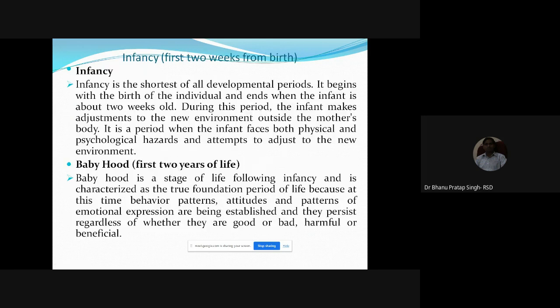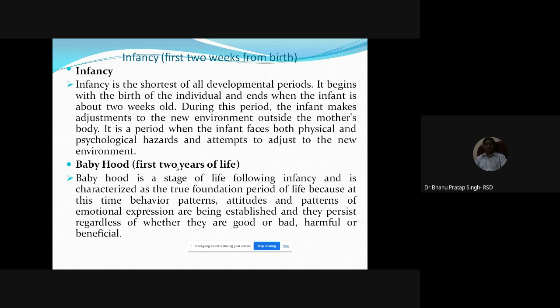The first was prenatal, and the second is infancy. Infancy is the first 2 weeks from the birth. Infancy is the shortest of all developmental periods. It begins from the birth of the individual and ends when the infant is about 2 weeks old.